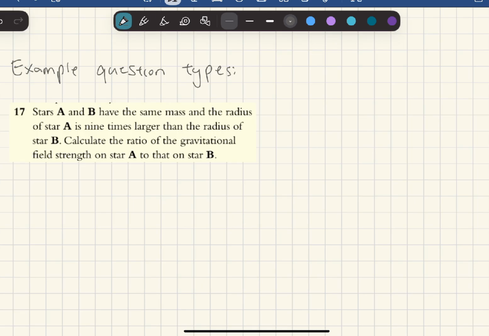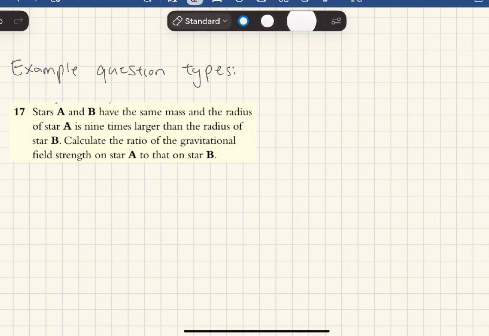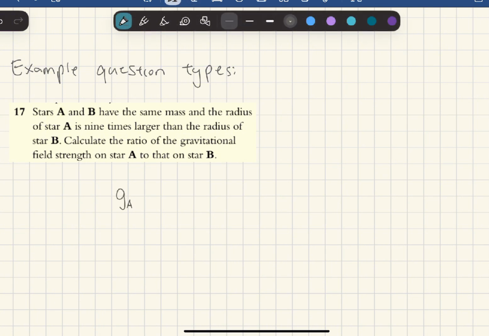Okay, let's now look at some example questions. This is one of the questions that I talked about where they ask you to compare ratios. It says that stars A and B have the same mass, but the radius of A is 9 times larger than the radius of B, and find the ratio of gravitational field strength, which is g. So we can start with gA is equal to G times its mass.